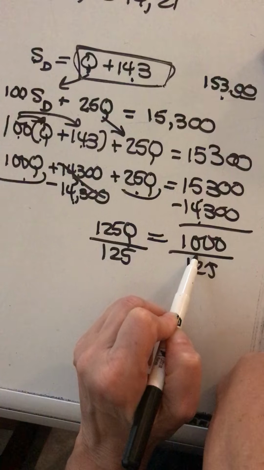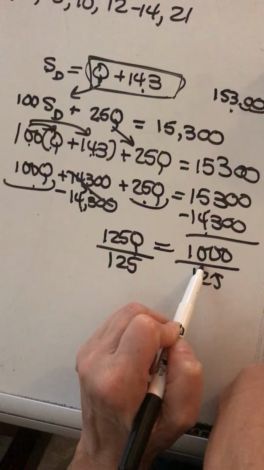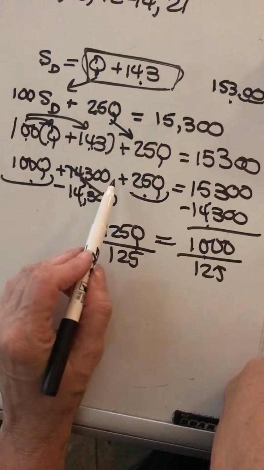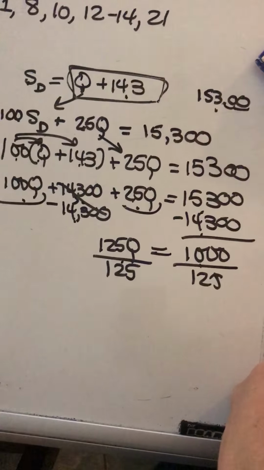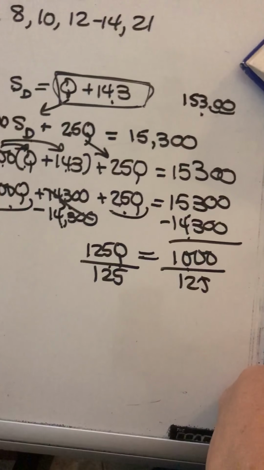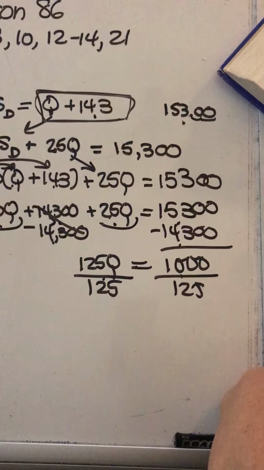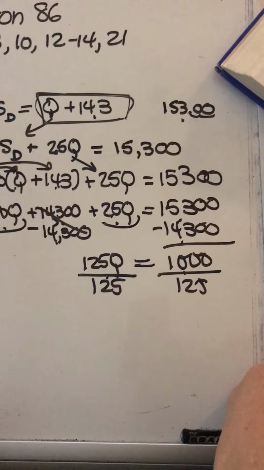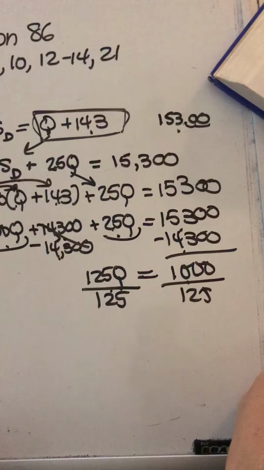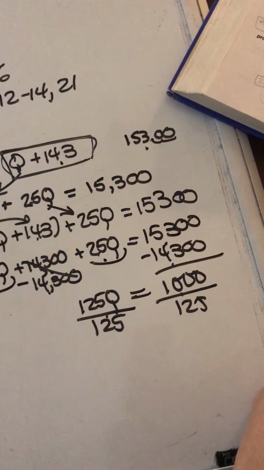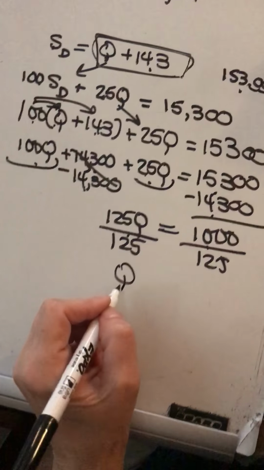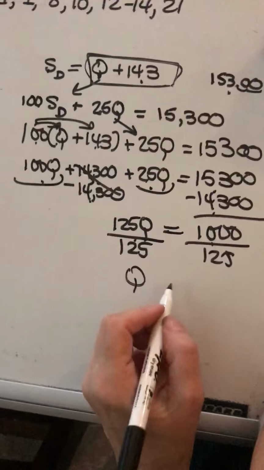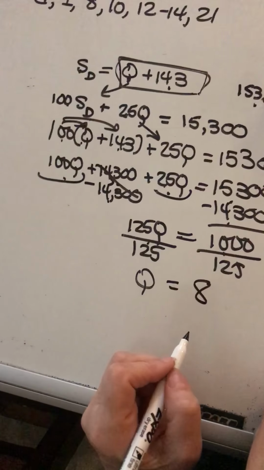And the result is I have 1,000 on the right. I combine my like terms on the left, 25 and 100, and I have 125Q. So I have 125Q equals 1,000. I then divide on both sides by 125. So quarters, I'm left with 8. Okay?